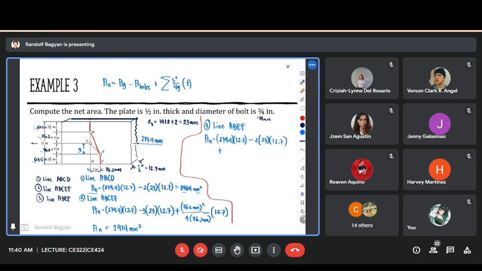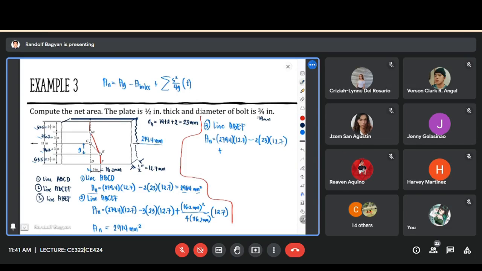Itong line BE. So, ano yung magiging S mo dyan? Still, that is 76.2 mm or 3 inches. But your gauge, that would be from B to E, the vertical distance would be 3 plus 3 inch or 76.2 times 2 or 152.4. Right?